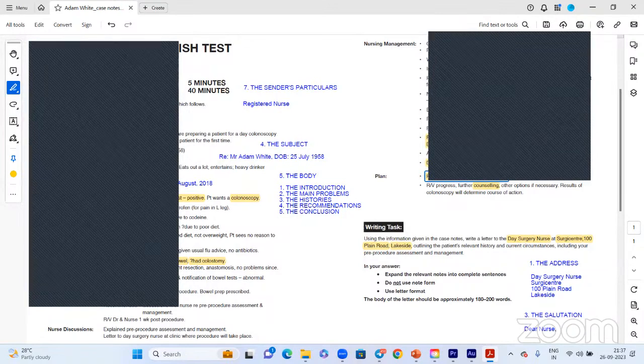Okay, write your names. So Kiran, if you are writing this letter, write your name there. Mahesh, first name and second name.